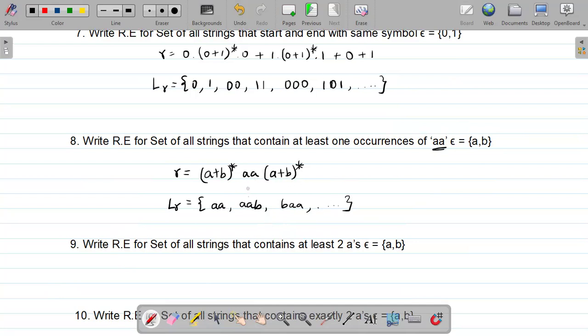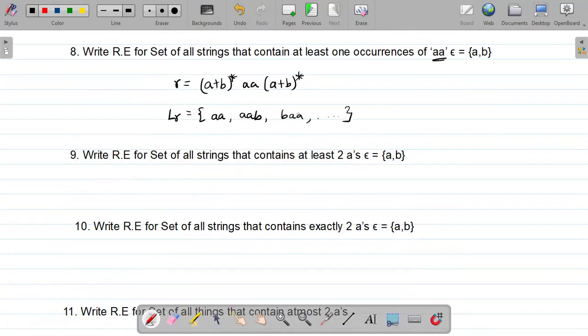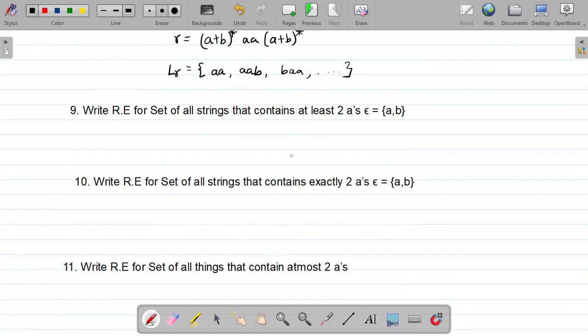So this will cover all the strings ending with AA, starting with AA, or containing AA in between. So one occurrence of AA. We have to think in that direction, then only we'll be able to get that particular solution.